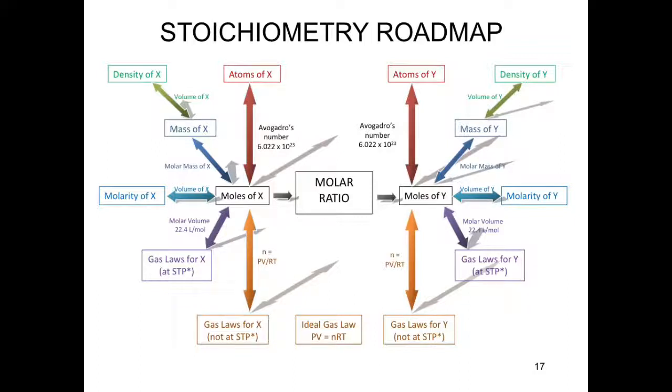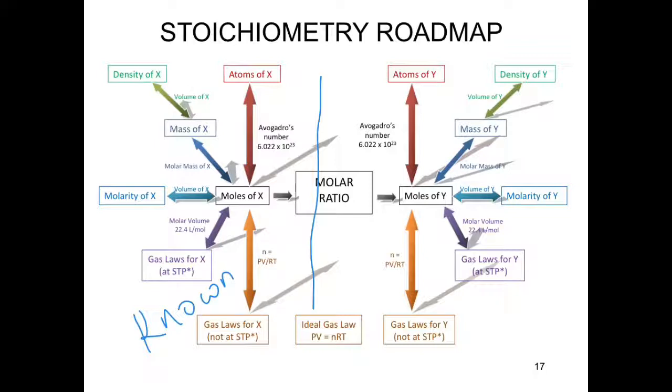And here's a large stoichiometry map or road map. Basically, what it shows is here on the left-hand side are not the reactants. On the left-hand side are the known compound or compounds.